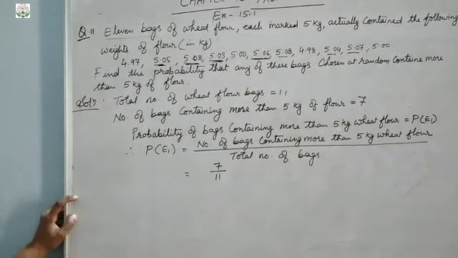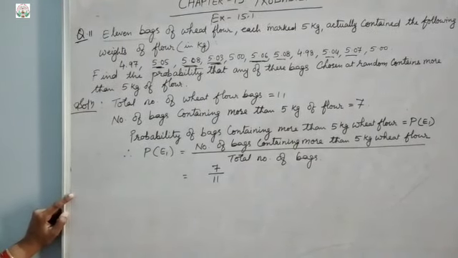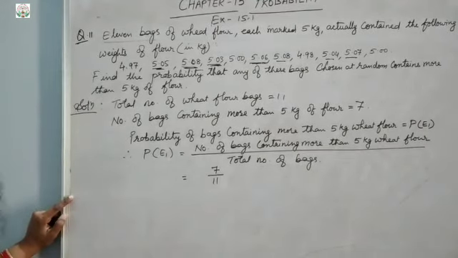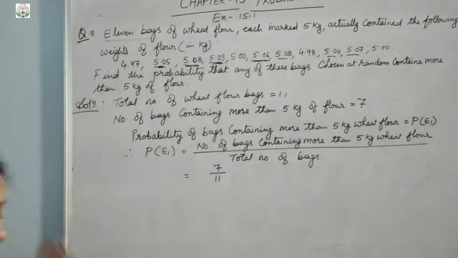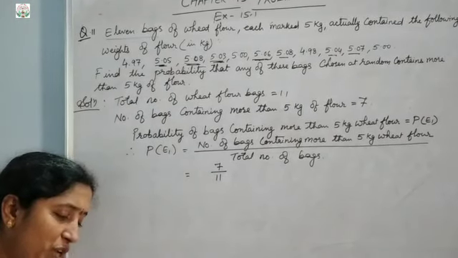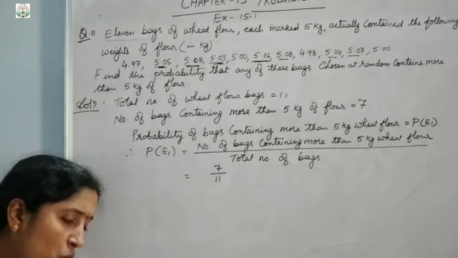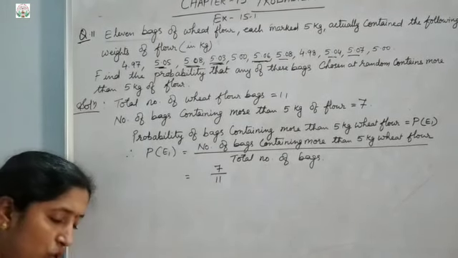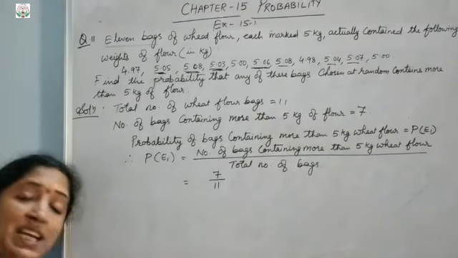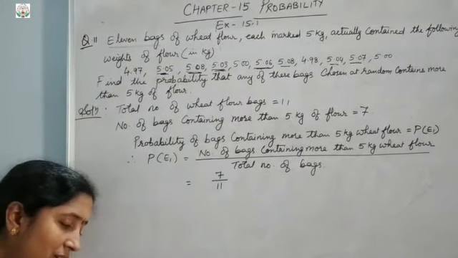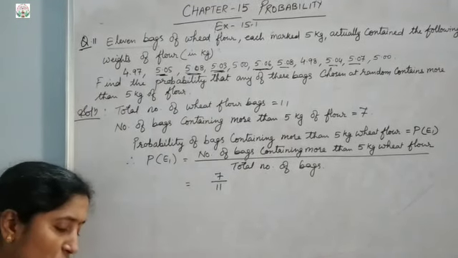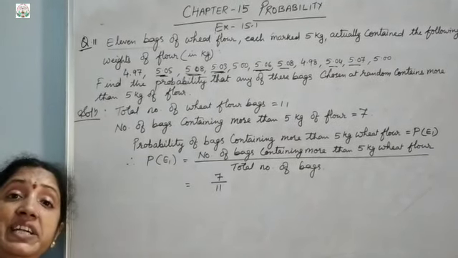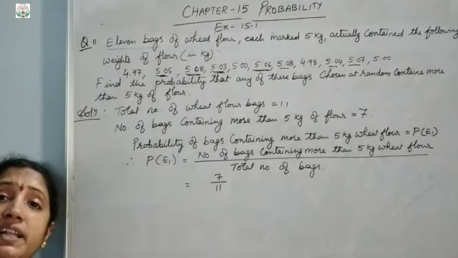Now for the 12th question also. The 12th question is a very big question but the solution is very small. So look at the question in your book. The question is: the following frequency distribution table shows the concentration of sulfur dioxide, SO2, in air in parts per million of a certain city for 30 days. The recording of 30 days is specified in the question.